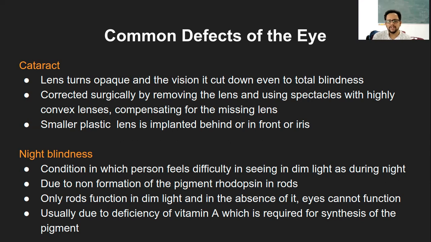But again, it can become a lifestyle disease, based on the individual eye structure. A smaller plastic lens can also be implanted behind or in front of the iris structure, so that it acts as the lens within the eye itself, and that is again a surgical procedure. So that's how cataract is handled.